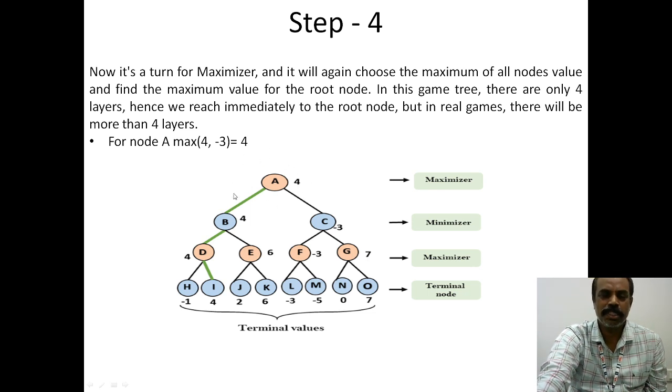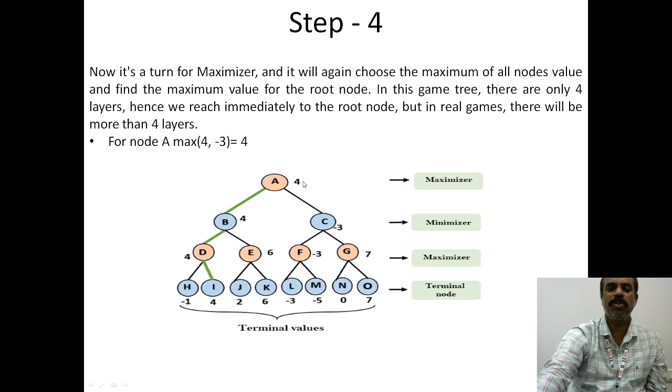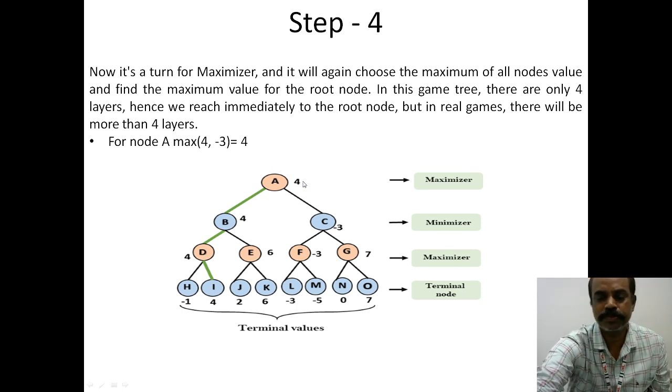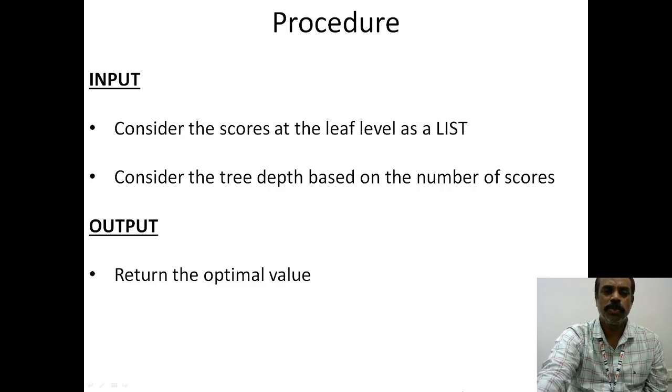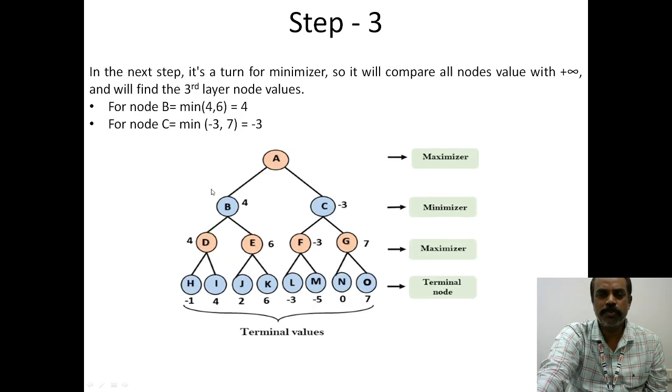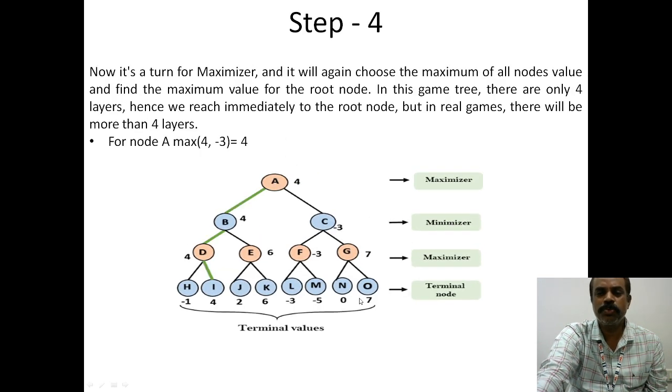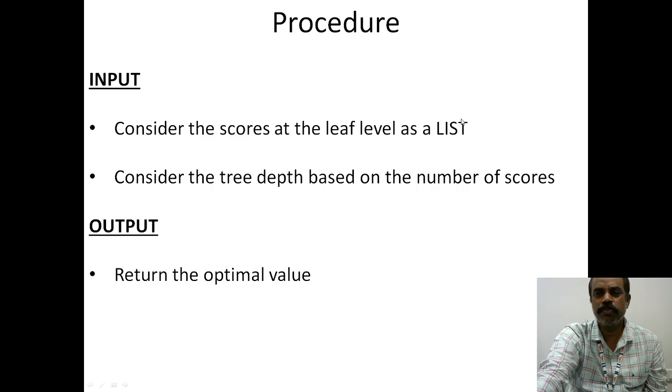This is the process that we need to develop using Python programming. This is what the in-lab is. To accomplish this, we need to consider the scores at the leaf level. Those leaf level values will be stored as a list.